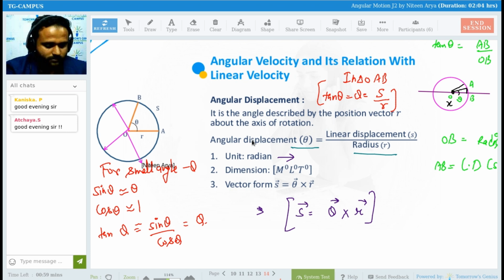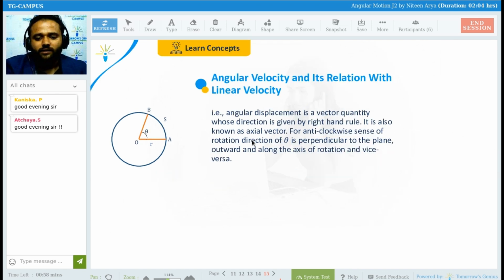It is not going to change. Clear? And why should I tell you this? It is necessary because we are going to take the derivative. We are going to find angular velocity and angular acceleration. Clear? Okay. So you can point out equation 1.